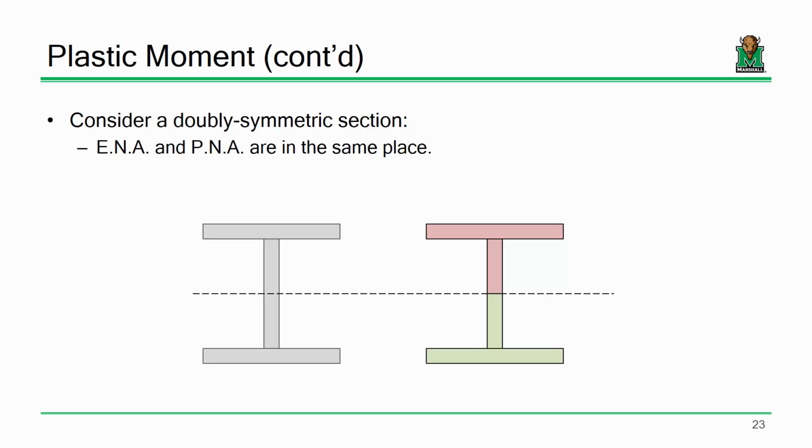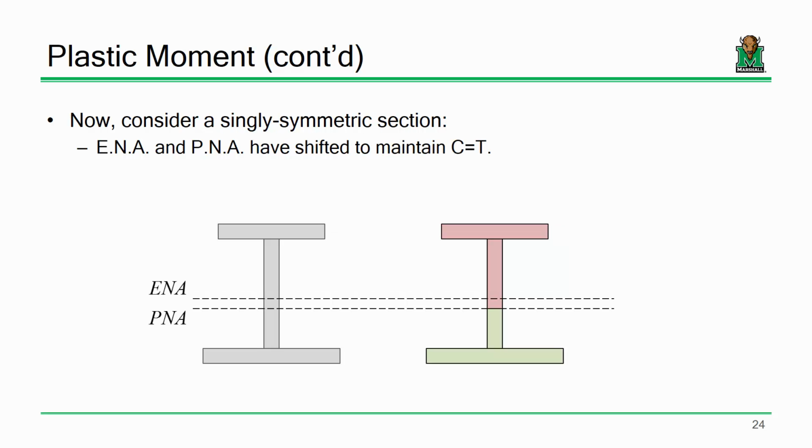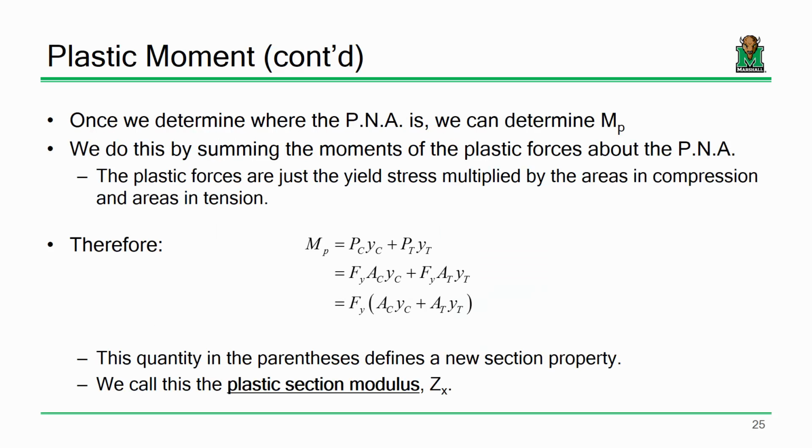As soon as that section becomes singly symmetric, that no longer holds, and the plastic neutral axis is going to shift in order to maintain C equals T. You'll see that happen here in a second. All right, everybody good so far?